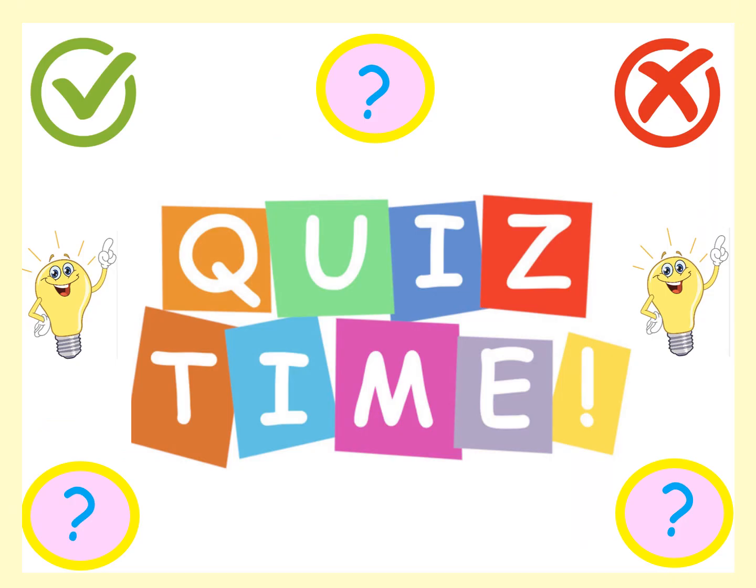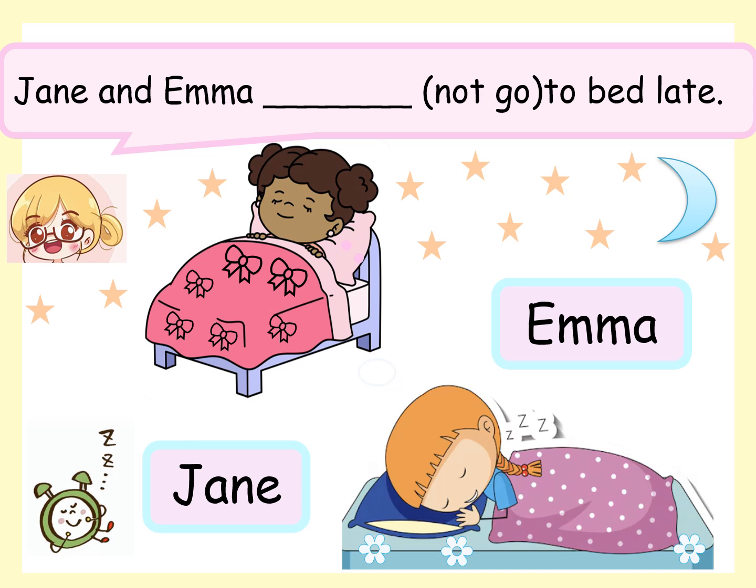Quiz time. Are you ready? Jane and Emma not go to bed late. What is the correct answer? That's right. Do not go or don't go. Jane and Emma don't go to bed late.